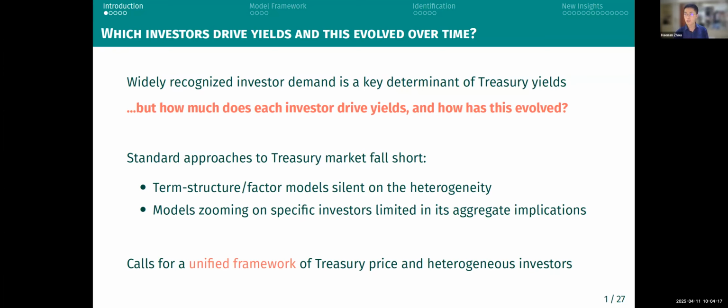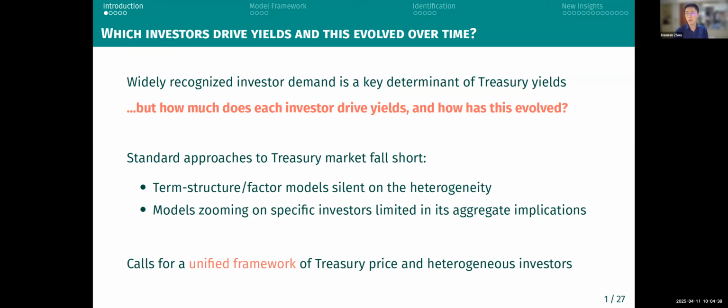But these types of models are, by design, relatively silent in characterizing heterogeneities. To what extent China is different from, let's say, US mutual funds or US banks in terms of driving Treasury yields. This is something that the standard term structure model finds a little difficult to answer.